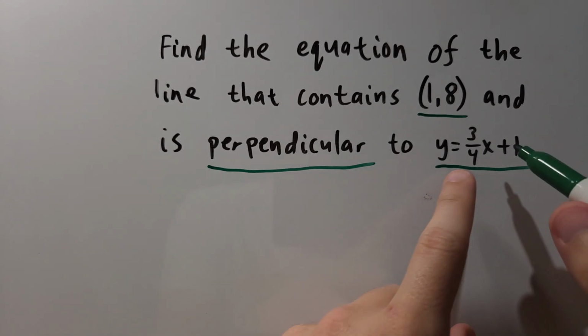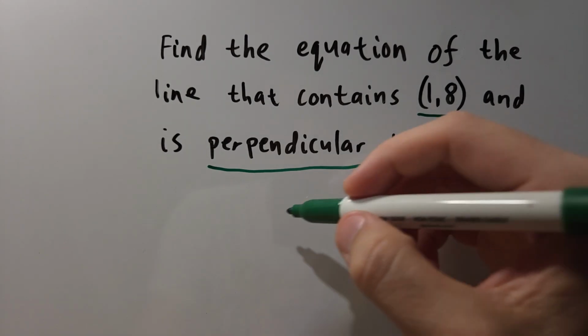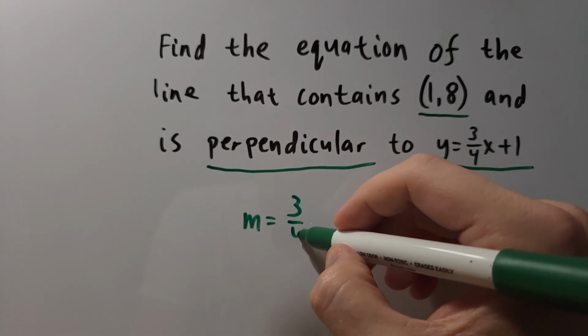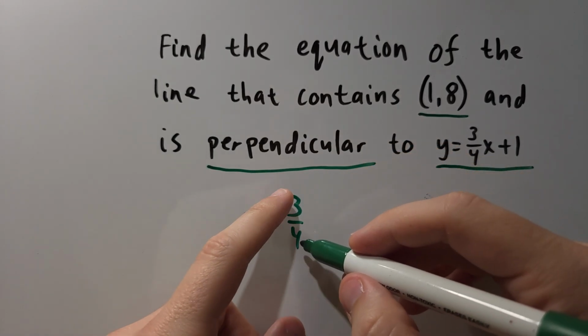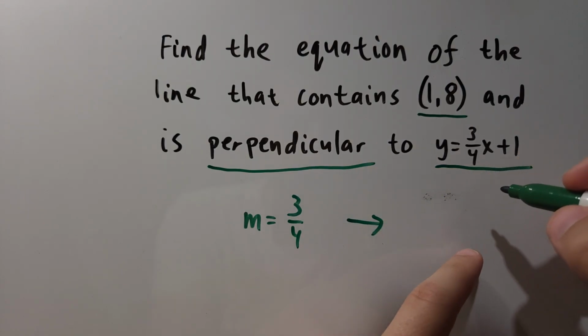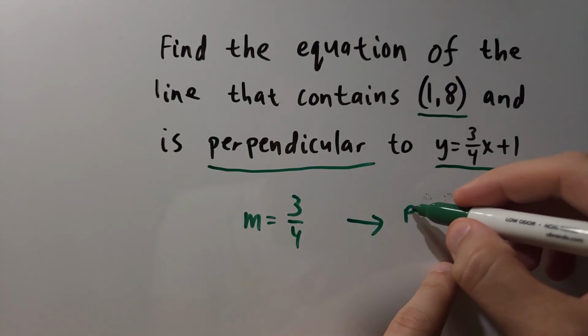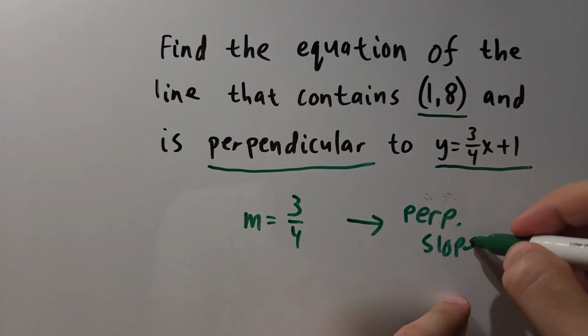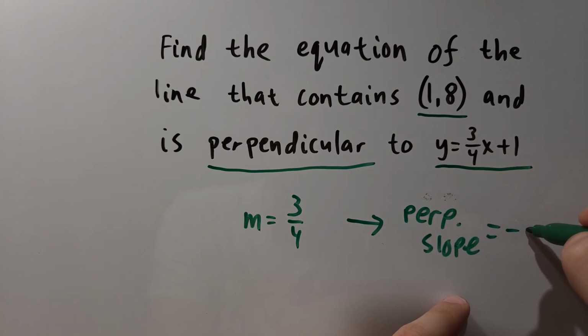First thing to do, let's find our perpendicular slope. So if the slope given is 3/4, remember, reciprocate and take the negative. So the perpendicular slope is going to be -4/3.